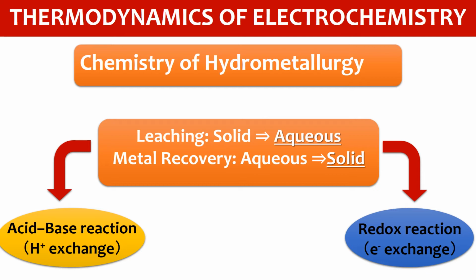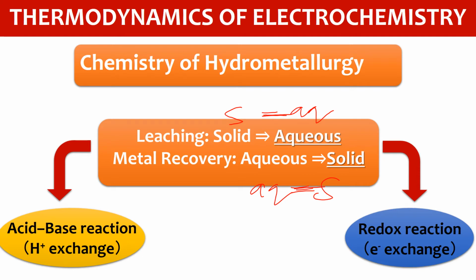In leaching, you're moving from the solid into the aqueous state, and for recovery, you're moving from the aqueous state back into the solid state. Those are the two things you need to understand about the chemistry of hydrometallurgy. It's simply a mass transfer from solid to aqueous when you're talking of leaching, and a mass transfer from aqueous to solid when you're talking of metal recovery.